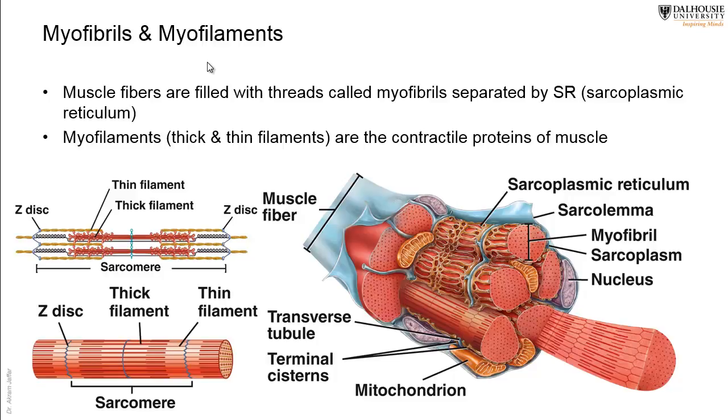In addition to that, the sarcolemma, or the cell membrane of the cell, has invaginations in the form of tubules inside the cell. You can see here that the sarcolemma, the blue part, is invaginated inside the cell. And you can expect that these invaginations contain the interstitial fluid.